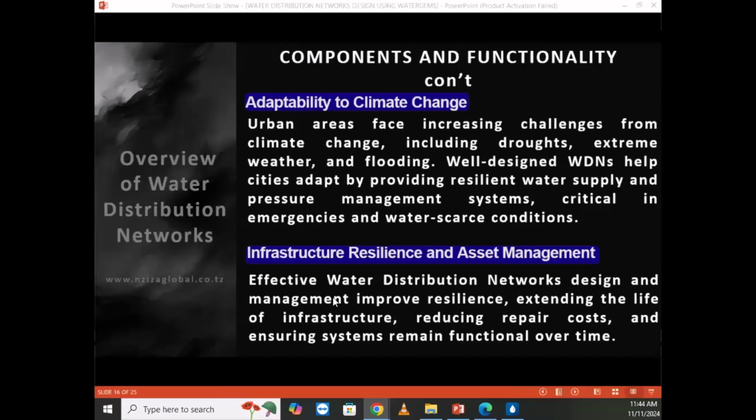This means while you are designing your network, you will be able to see everywhere in your network. You will know there is high pressure in these areas, lower pressure in these areas, high quantities of water supplied in these areas. All of those scenarios, we will be able to see. So during those emergency and critical times, you will know how to manage your network.